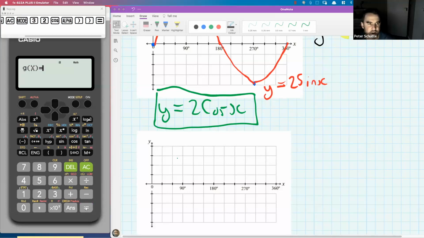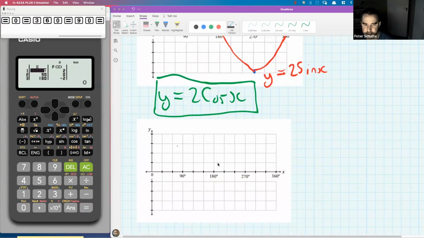Okay, now I go equals, and I start at 0. I end at 360, and my step size is 90. I don't know if I'm going a little bit too fast, just let me know. And then I hit equals and I get to the promised land there.